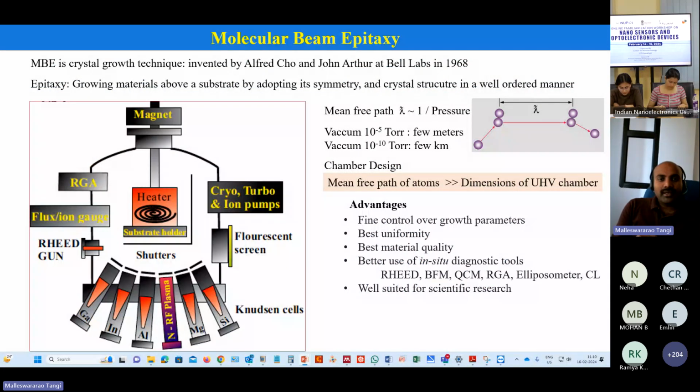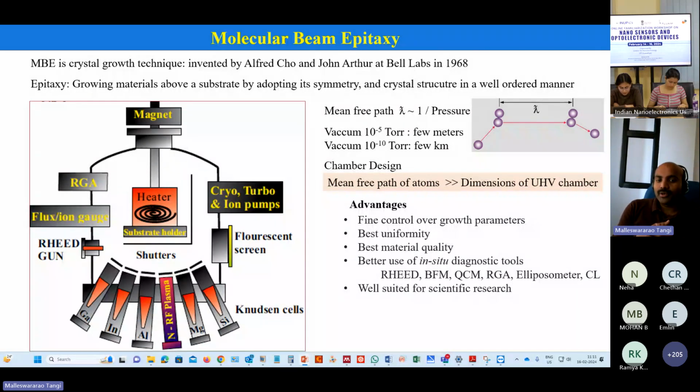Molecular beam epitaxy, as I discussed, is a growth technique invented in 1968 at Bell Labs. Epitaxy is when we grow material on substrates, it has to grow in a well-ordered manner and mimic the substrate crystal symmetry and sometimes the crystal structure. The advantage of molecular beam epitaxy is that it is a UHV system, and the mean free path of atoms in this system is much higher.